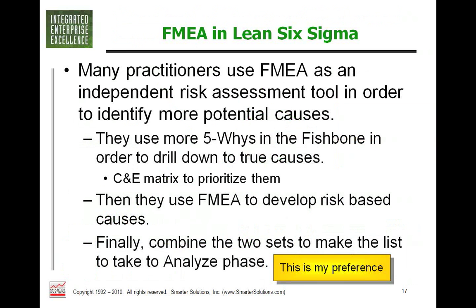They use the 5 whys or the fishbone diagram to drill down to the true causes, then use the cause and effect matrix to prioritize them, and then use the FMEA to develop the risk-based causes. By looking at both together, they can decide which items to evaluate further in the analyze phase.